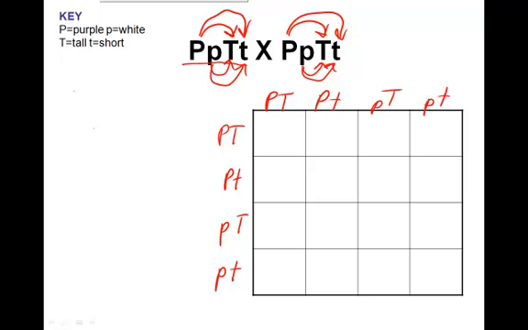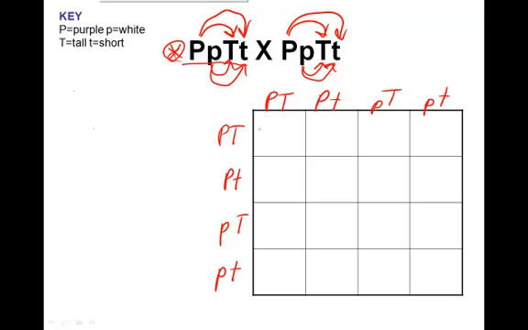Now we're going to fill in our boxes just like we did with the monohybrid cross. When in doubt, look at the original problem, how it's set up. We have the P's first and then the T's. So let's do the same thing. We're going to group it together, putting the P's first, and then within that, we're going to make sure that we have capital first. And here we go.